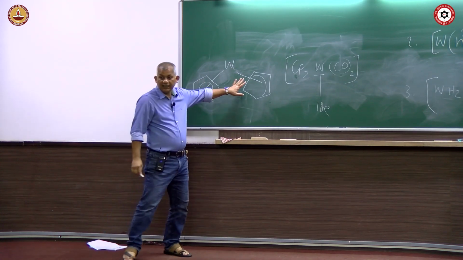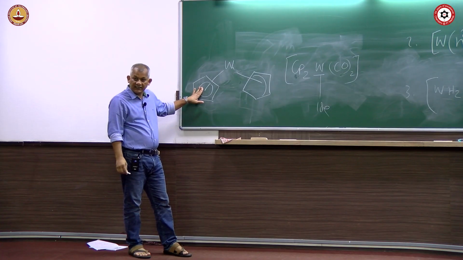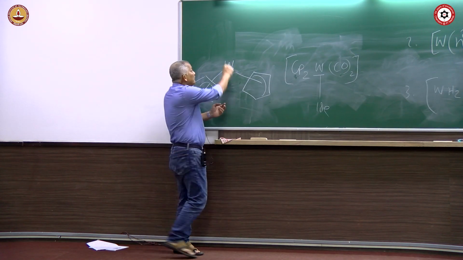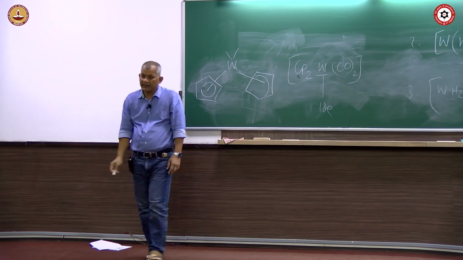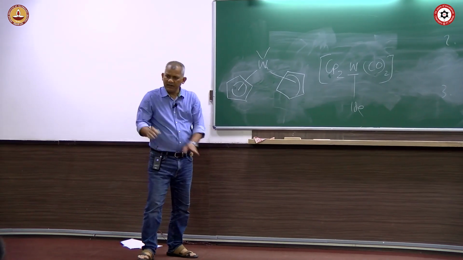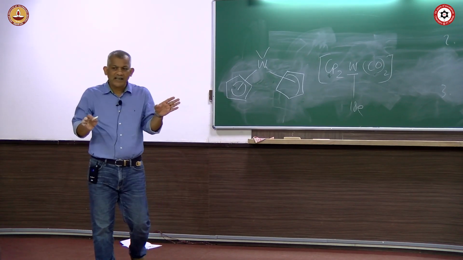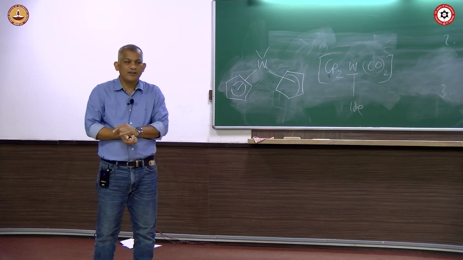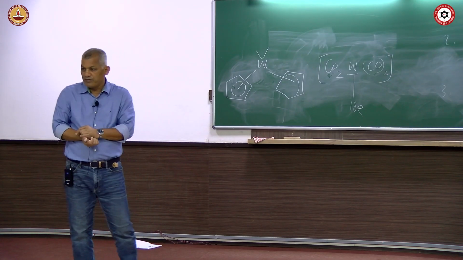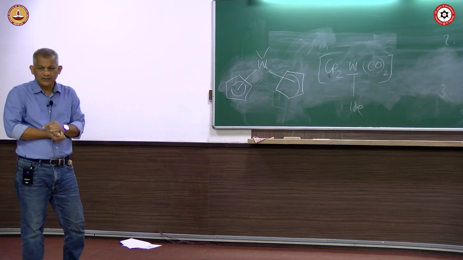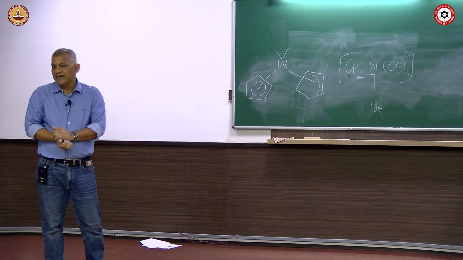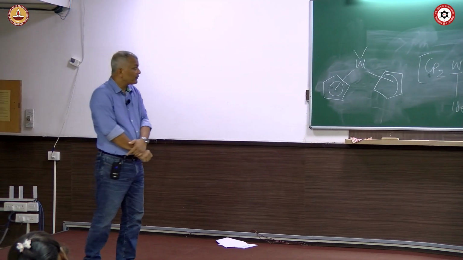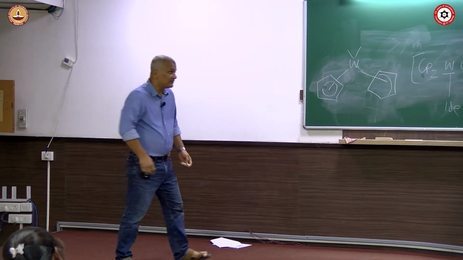So eta 3 and eta 5, 8 plus 6, 14, plus 2 CO. So there are many questions. This is a typical undergraduate BTech question we always ask: draw the structure of Cp2 tungsten CO2. So use your hapticity. It will be hapticity 5 and hapticity 3, and that can give you the 18 electron rule. What about the other two examples?